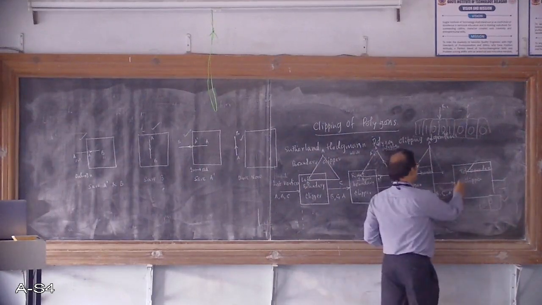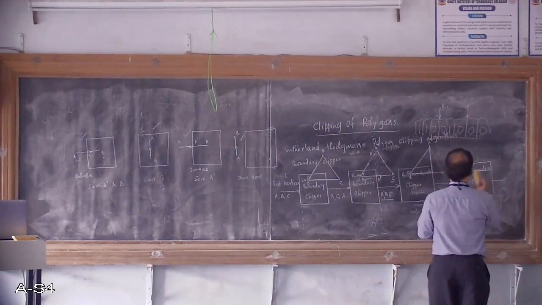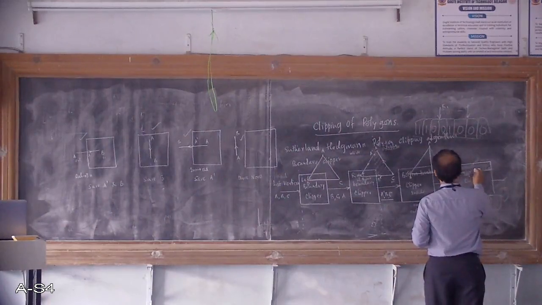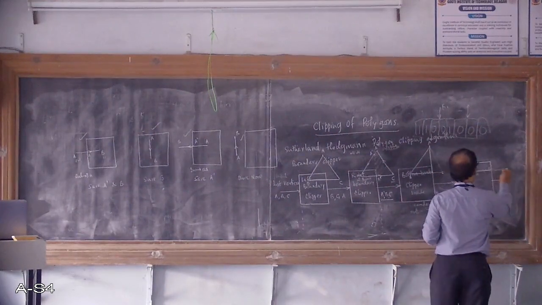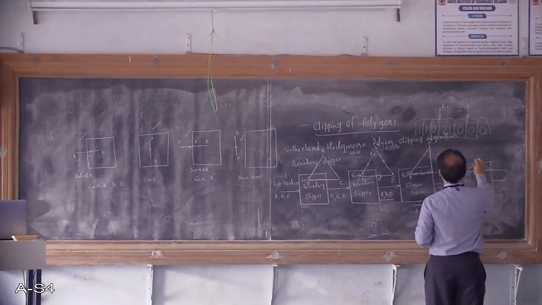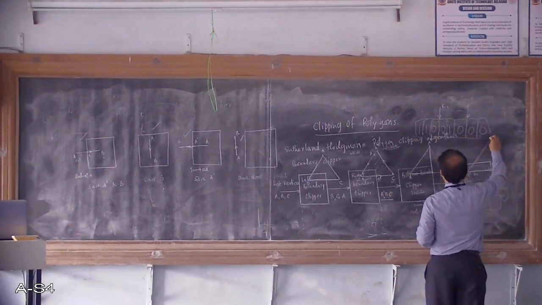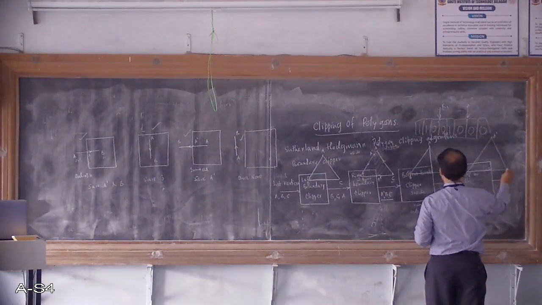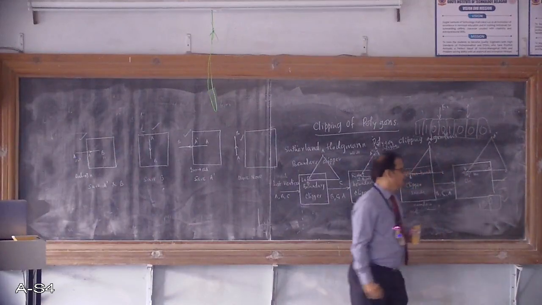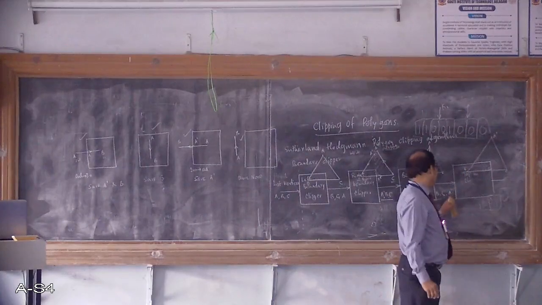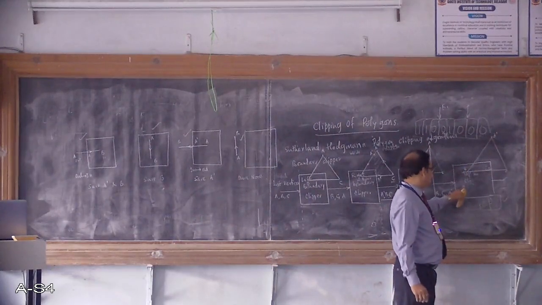Now for the top boundary clipper, this is your A dash, B and C, and this is the situation. B, C, A dash are the input list of vertices for the top boundary.